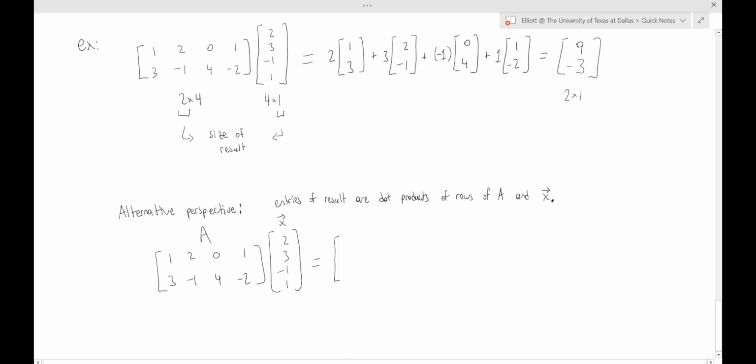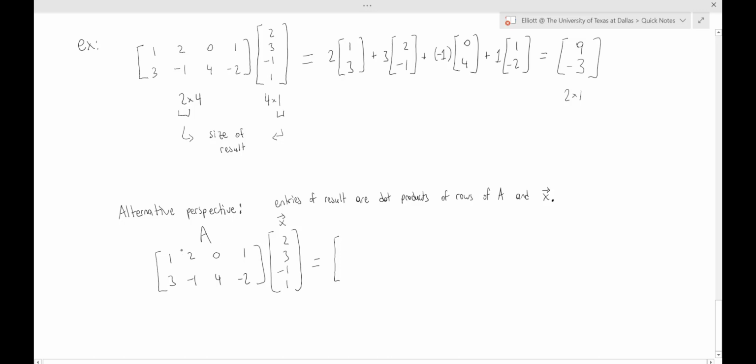So to illustrate what I mean by that, if we take the first row of A and think of it as a vector 1, 2, 0, 1, and then we dot it with the vector 2, 3, minus 1, 1. So remember dot product, it's 1 times 2 plus 2 times 3 plus 0 plus 1.